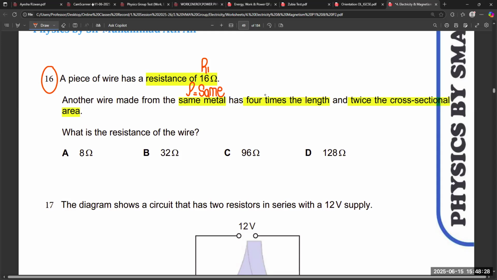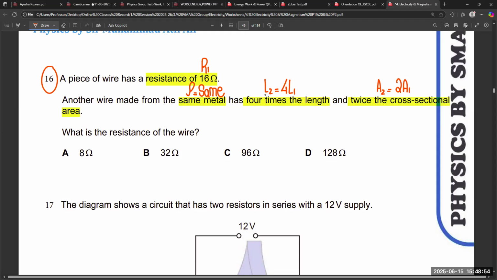It means the length of the second wire is 4 times the length of the first wire, right? Because it is mentioned another wire made from the same metal has 4 times the length. And the area is twice the cross-sectional area of the first one.